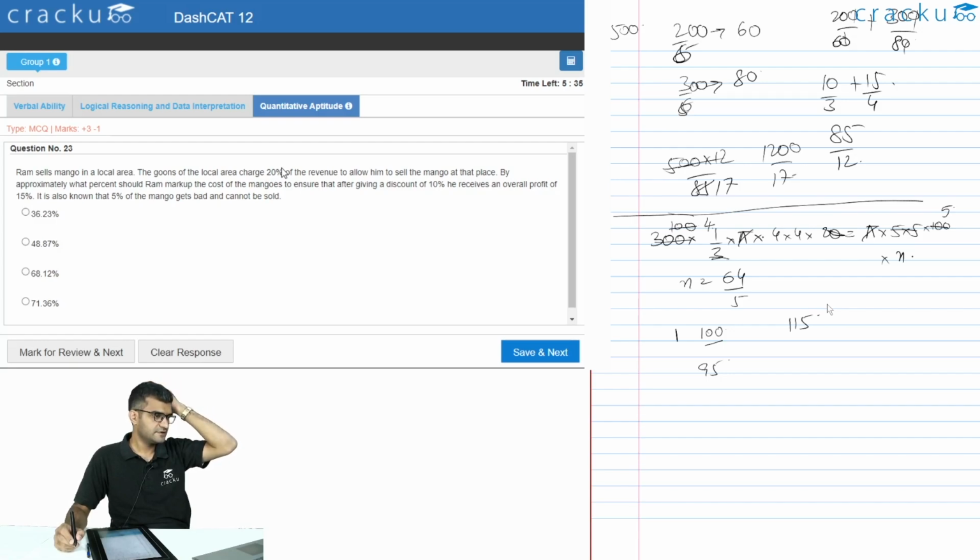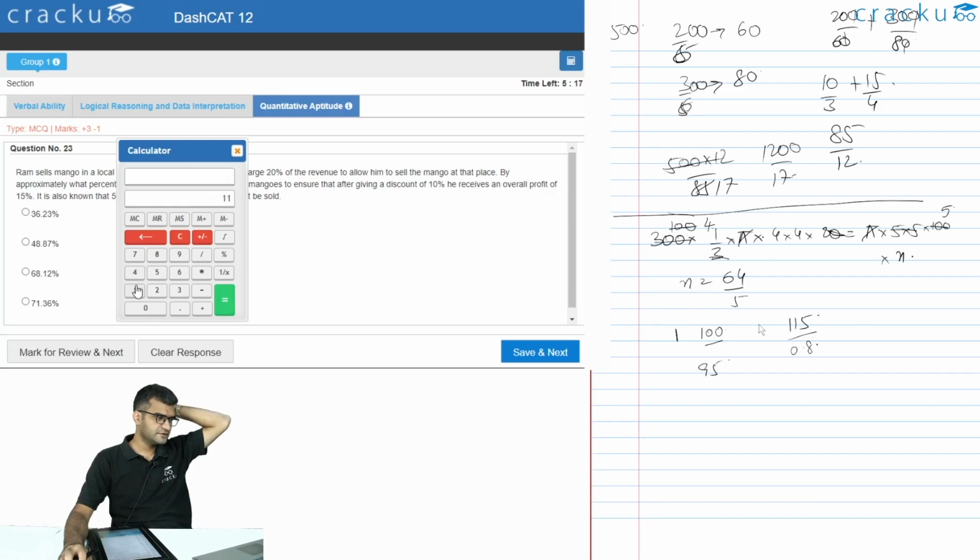Okay. But he has to give 20% of the revenue. So the actual money that he should make is 115 divided by 0.8, right? Yeah, 115 divided by 0.8. So he's making 143.75.